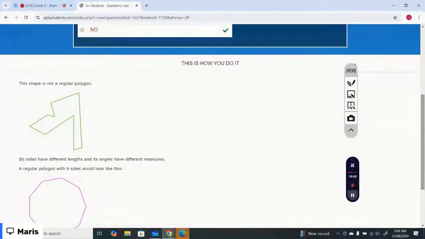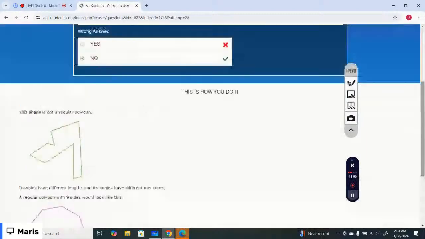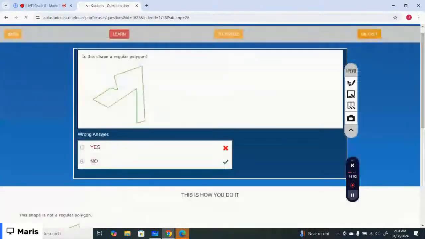A nine-sided regular polygon looks like this. They have the same sides and the same angles. Got it?